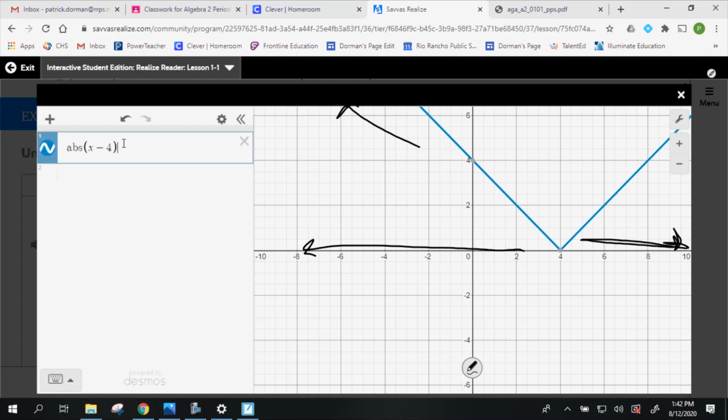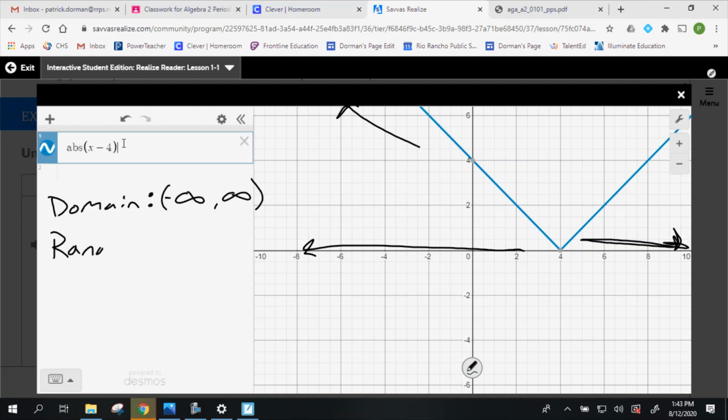And it doesn't stop anywhere, right? So we would say then that our domain, and I'm just going to go ahead and use interval notation for these, and not the set filter notation, goes from negative infinity to positive infinity.